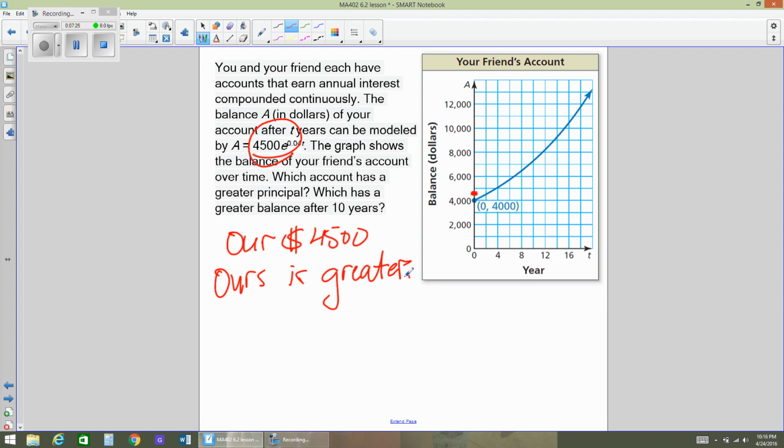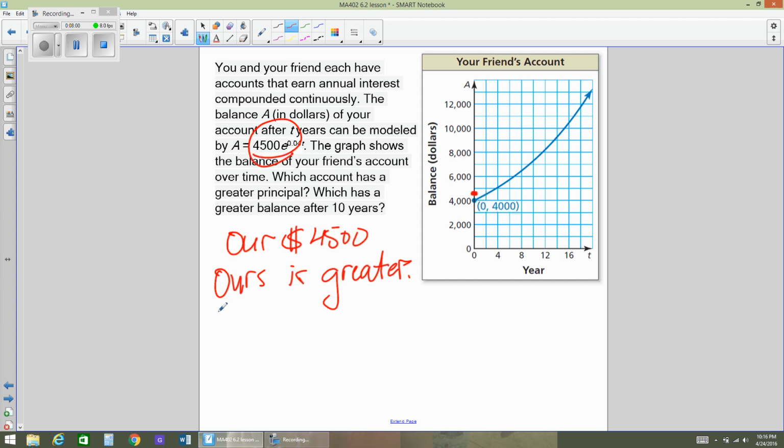Then it says, which has a greater balance after 10 years? All right, how do we find a balance after 10 years? What do we need to do? We need to grab our calculator and plug it in. Now, if you're wondering about e, there is a button on our calculators. It's awesome. You have to press the second key first, and it should be the division key. So we're going to type that in with a 10 for the t.